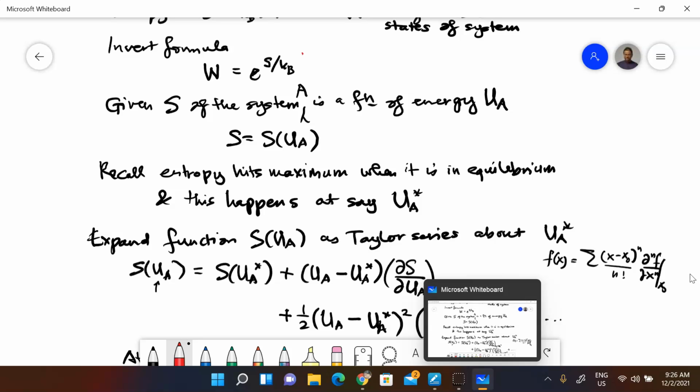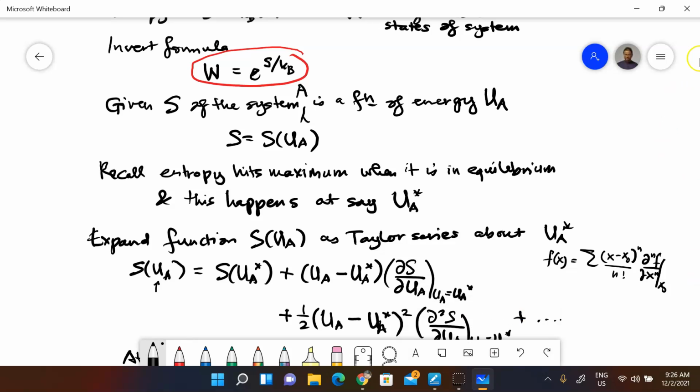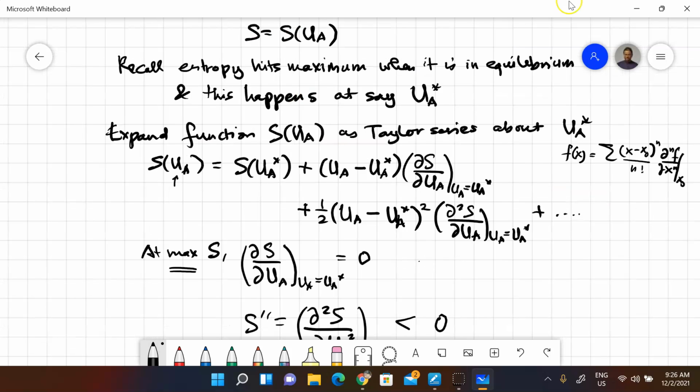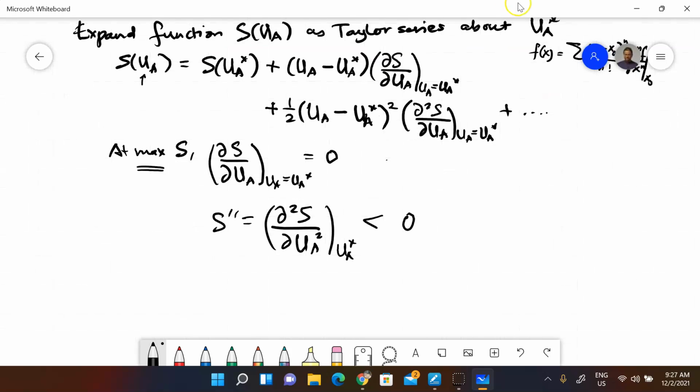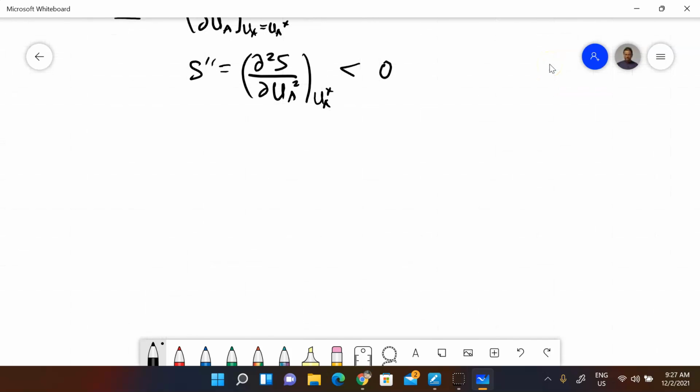So we're going to plug this thing back into this. Right, so we'll plug that power series inside your W_A. Remember that it's inside the exponential there.